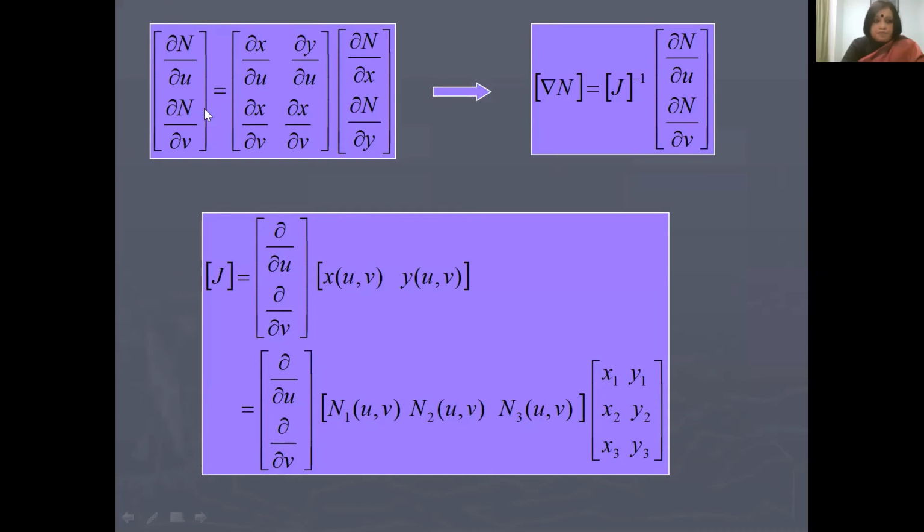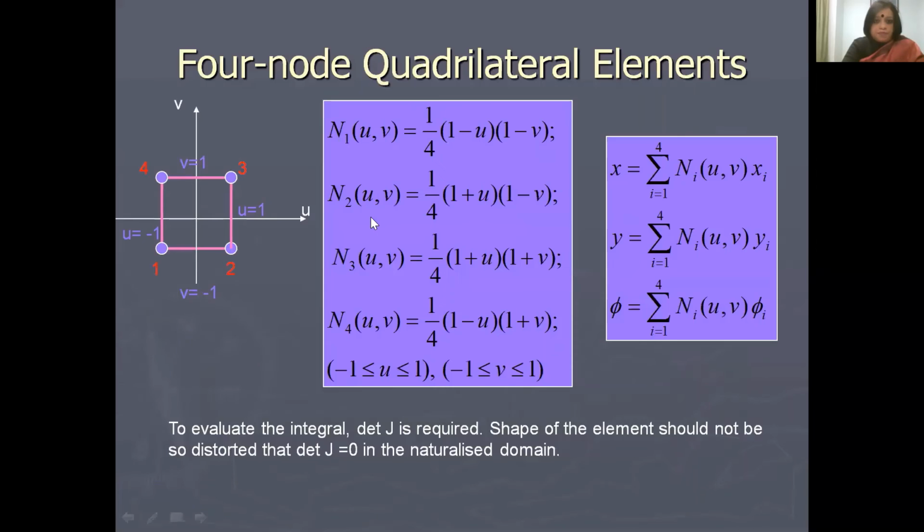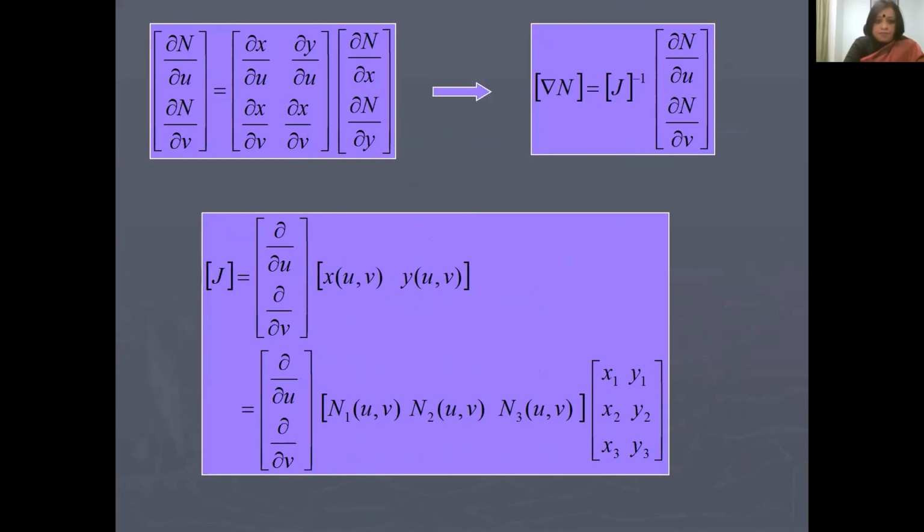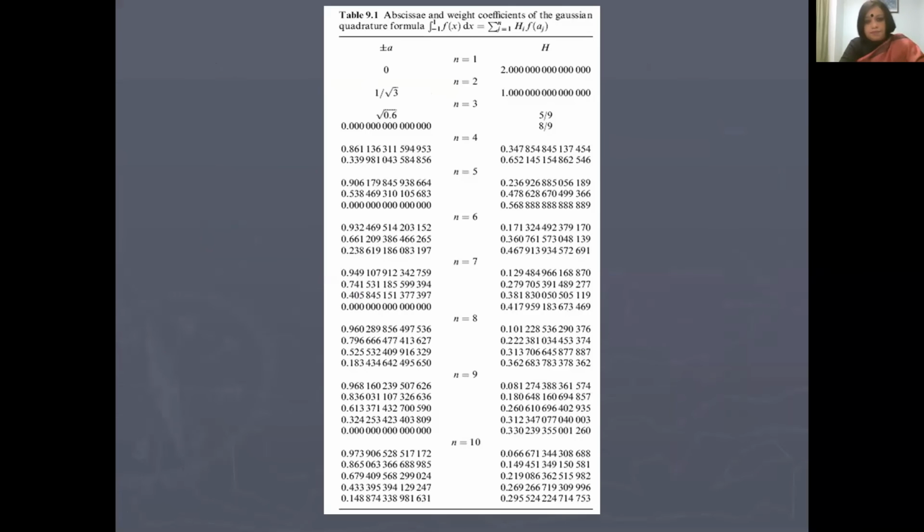So look at the Gauss quadrature table and tell me how many terms will I have in this summation? I'm going to use a 2-point quadrature, so n equal to 2. What are my sampling points?